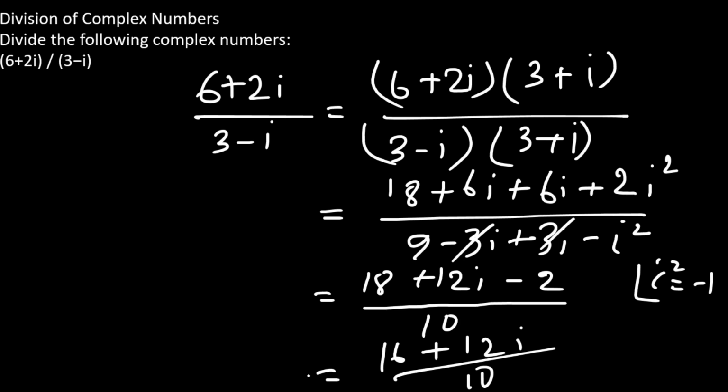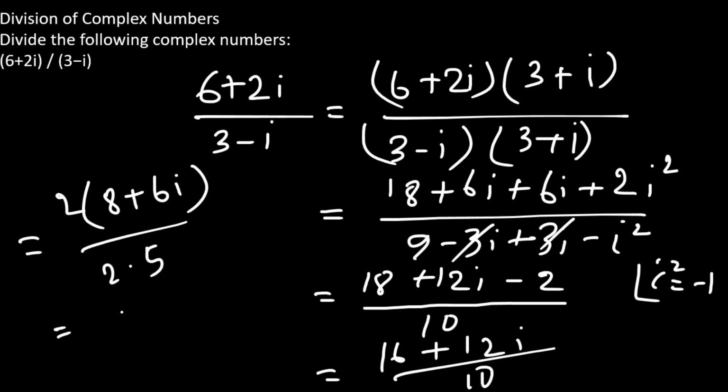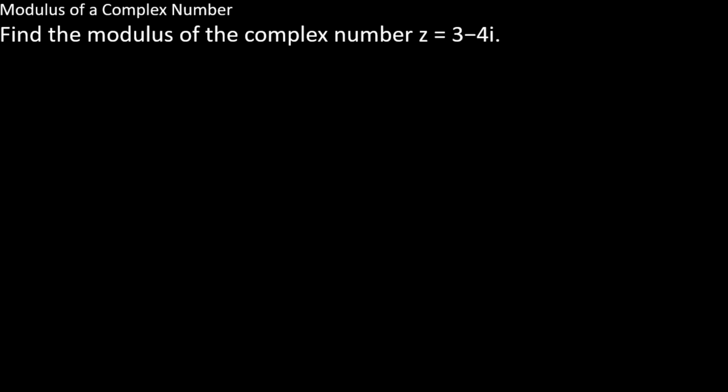Here 2 is a common factor for both, so you can simplify more this way. 2 times 8 plus 6i, over 2 times 5. Cutting off 2, the final answer is 8 plus 6i over 5. This is the answer.